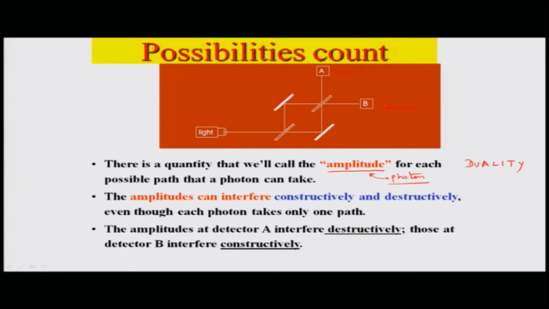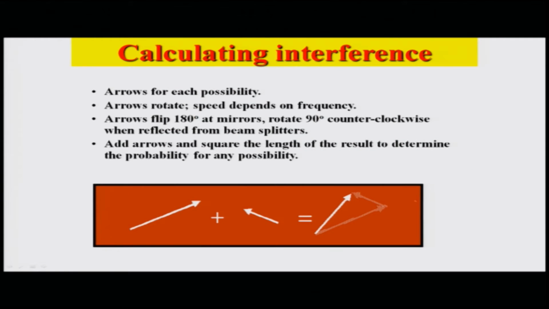Amplitudes at detector B would be considered to be interfering constructively. So, constructive versus destructive interference can be looked at once we associate an amplitude to each photon. So, that is one way of looking at it. Let us see what happens as a result of that. This is one possibility of looking at it.